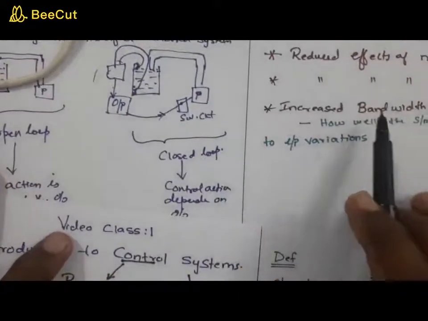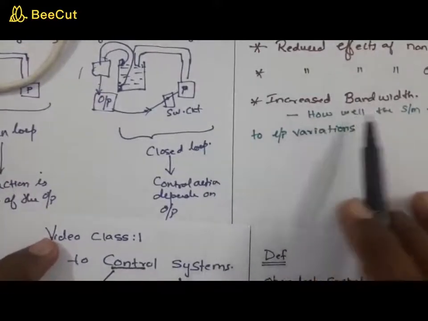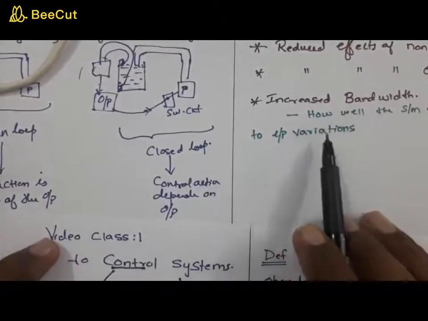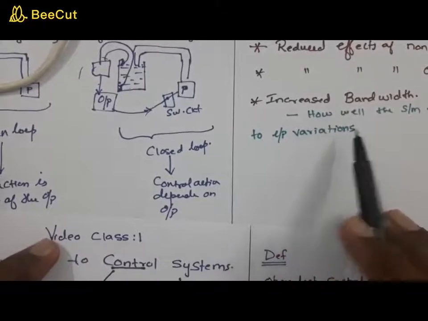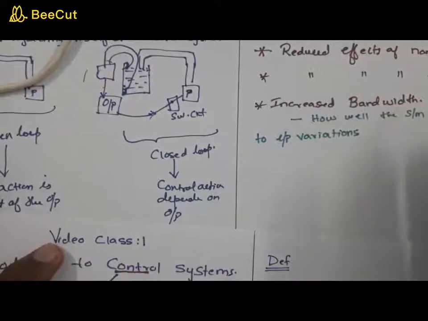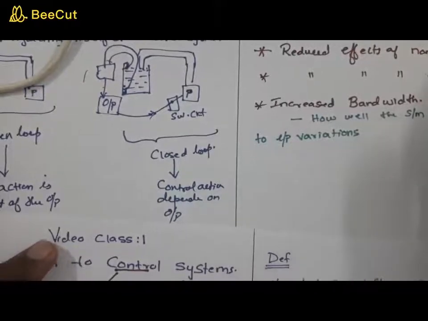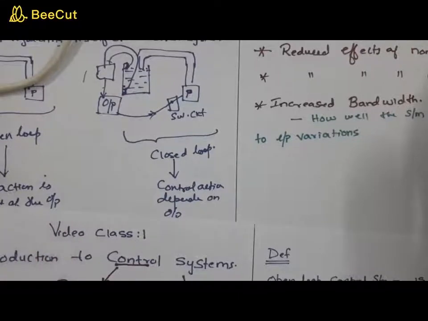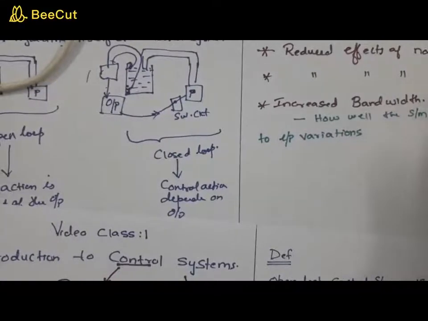Now next is the increased bandwidth. That refers to how well the system responds to input variations. If the control system has very high bandwidth, it means that the system is capable of controlling a very high input variation.